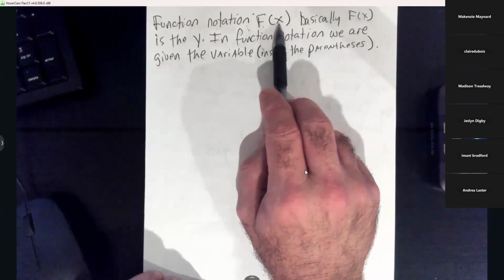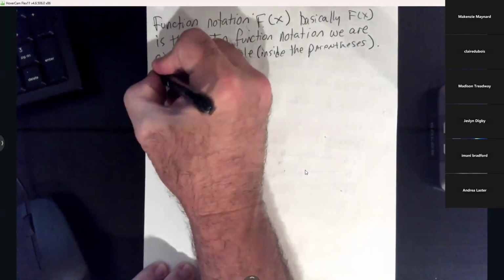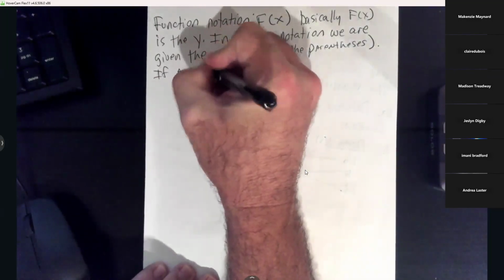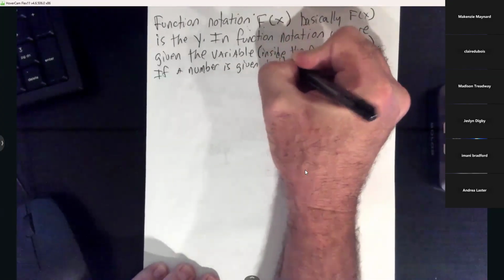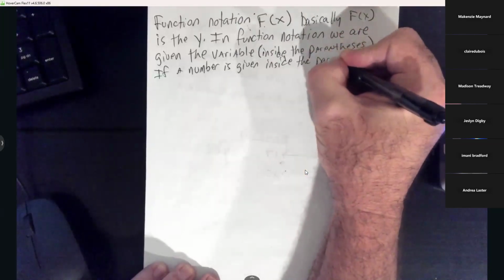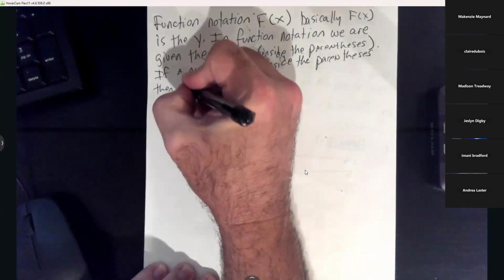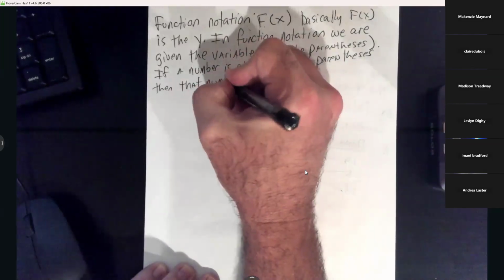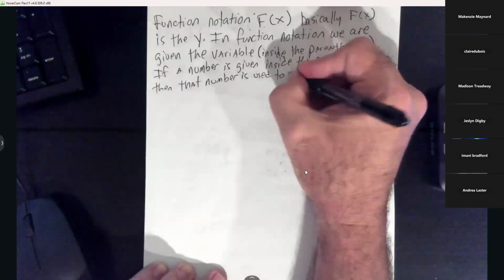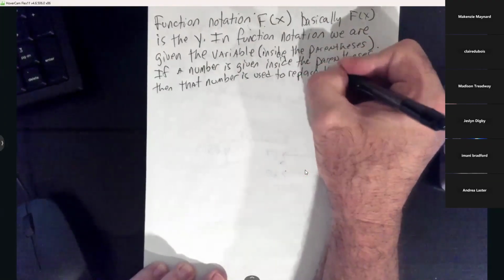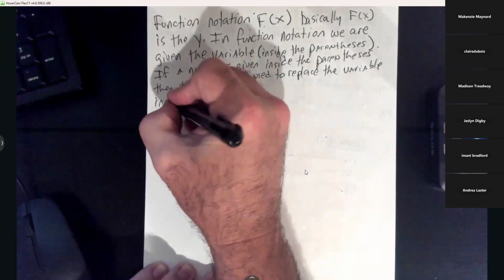If I'm given a function and a number is given inside the parentheses, then that number is used to replace the variable in the expression.